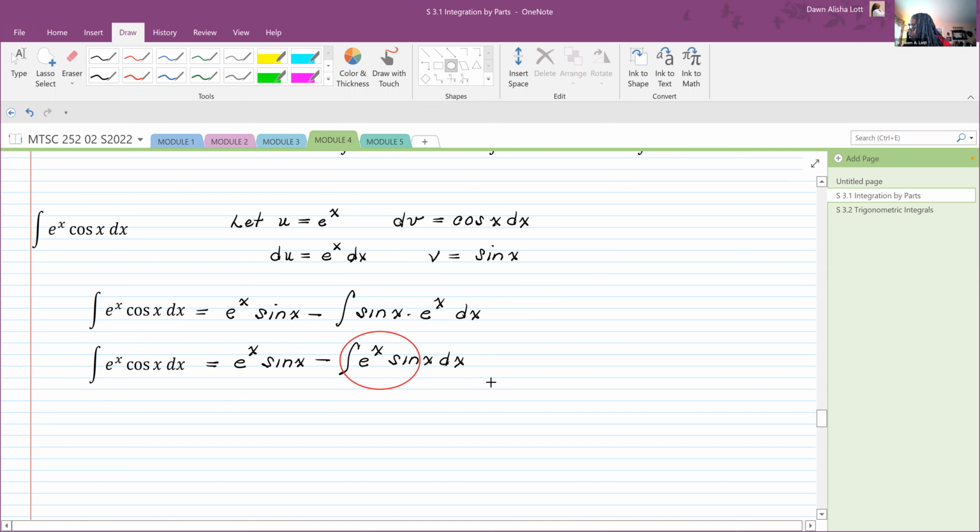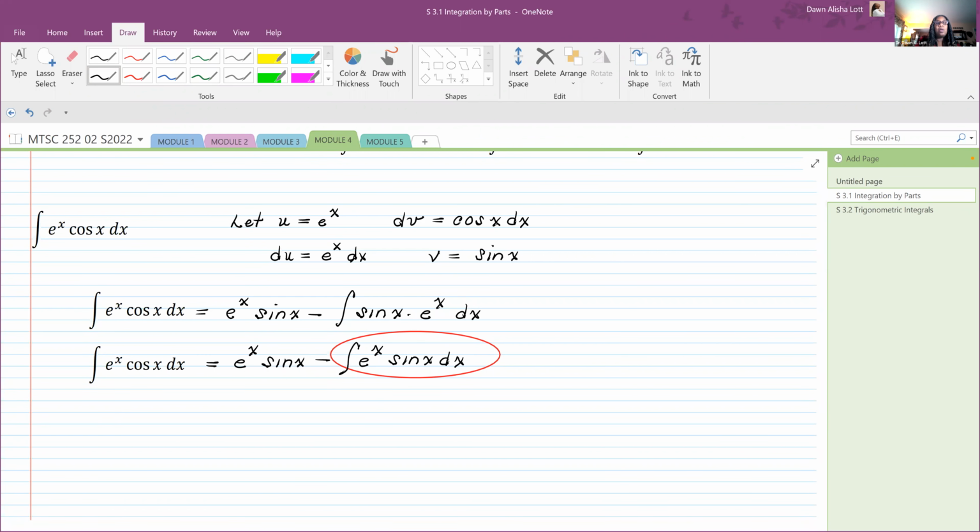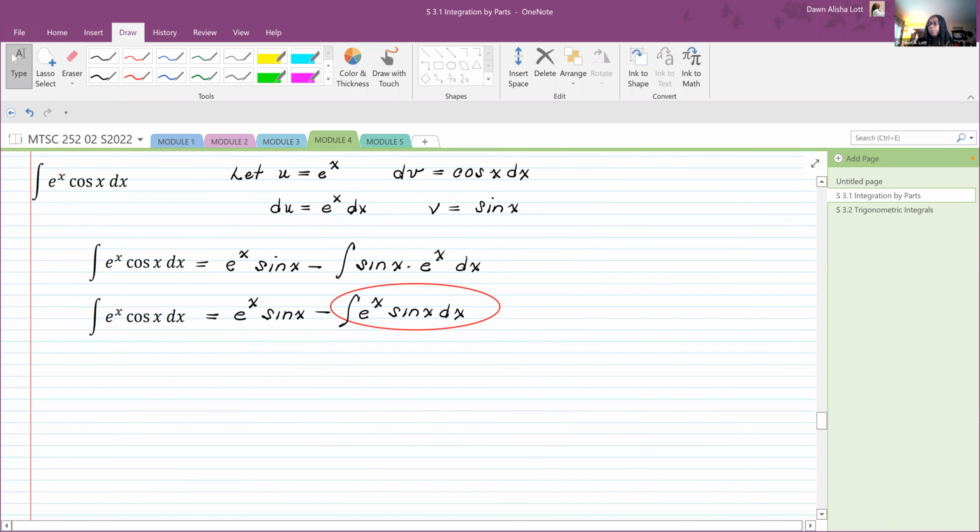All right, so now I need to figure out what this integral is, so that once I figure out what this integral is, I can put it back into the formula. So once I figure that integral e to the x sine x out, then I put it back into the formula. So now this starts another integration by parts problem. So I get the integral of e to the x sine of x dx.